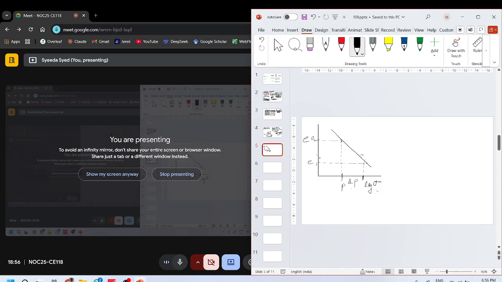It will move something like this. Obviously it will not go to zero. If I, for example, move it back to P, it will move like this, and now my e will be less than e2, but it will be greater than e1. It will not be equal to e1.